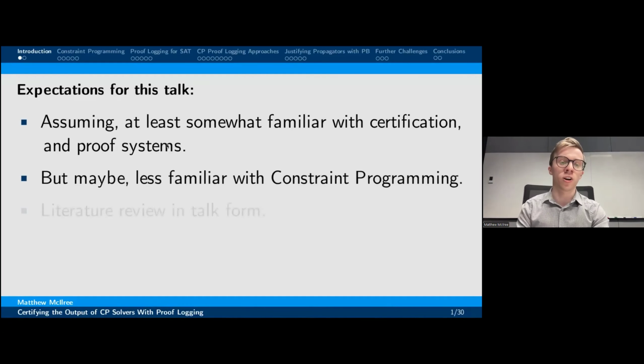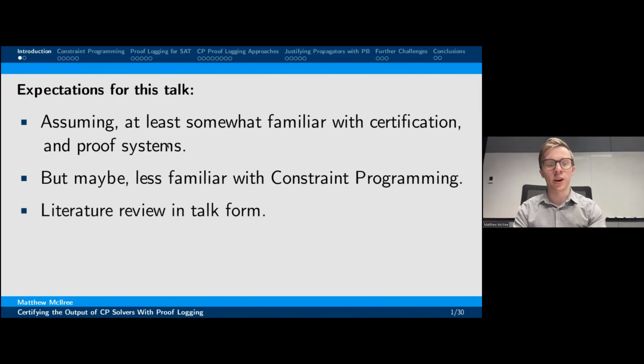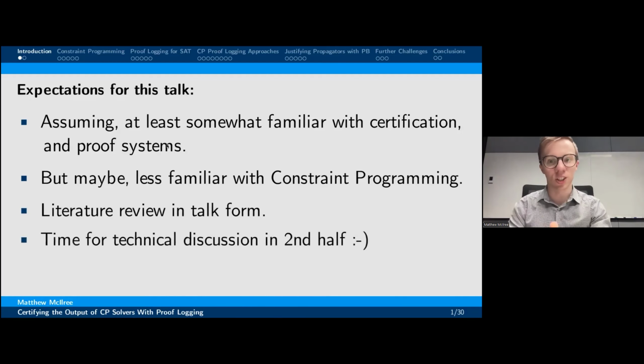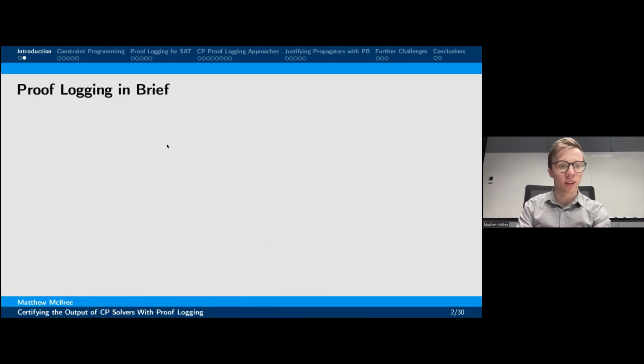So I'm going to try and make this a very zoomed out, very high level view of essentially everything that's been done in proof logging for constraint programming over the last, honestly, 15 years if you go back to the earliest paper that I'm aware of. So it'll be a little bit of a literature review in talk form, and there might be time for technical discussion afterwards. So I'll get into it.